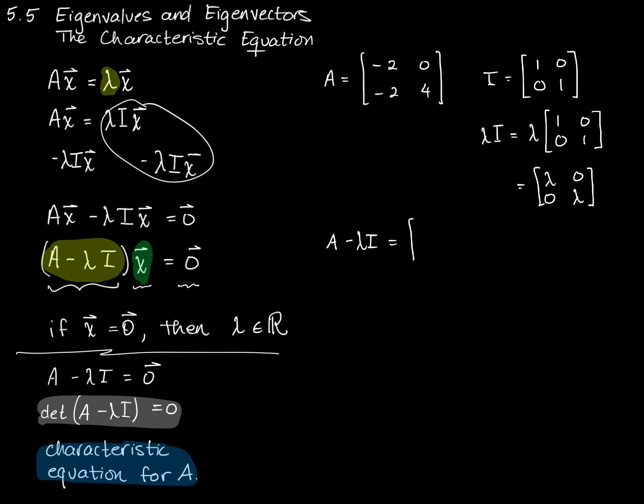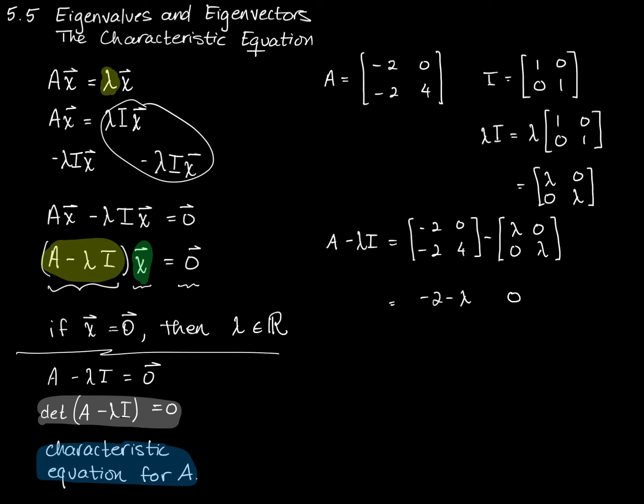So A minus lambda I is the matrix -2, 0, -2, 4, minus the matrix lambda, 0, 0, lambda. That gives me, just matrix subtraction now, -2 minus lambda, that is this entry minus this entry, and then I'll do that for each of the others. So I get 0 minus 0, negative 2 minus 0, and 4 minus lambda.